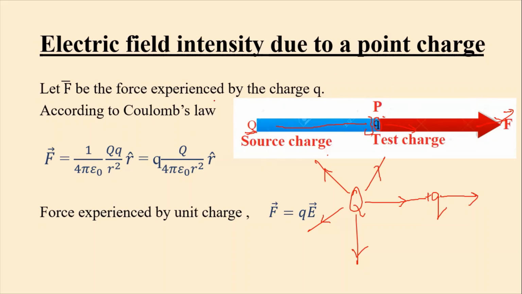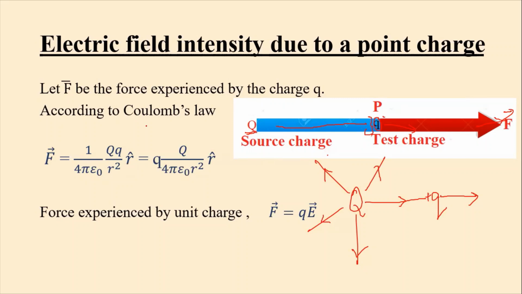So now, according to Coulomb's law, the force between these two can be calculated, as you all know from the previous class, as 1 by 4 pi epsilon naught into Qq divided by r square, r cap. And this r cap is the direction vector which indicates the direction of the field lines. Okay.